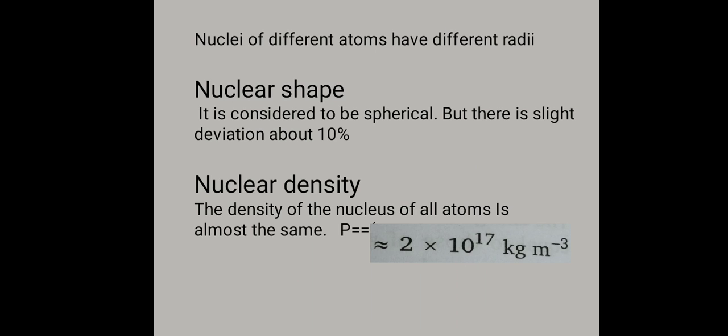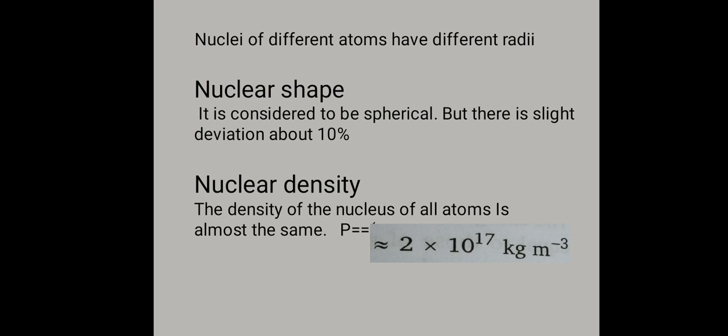Why? Because the radius depends upon the mass number A, and since mass number A is different for different atoms, nuclei of different atoms have different radii.